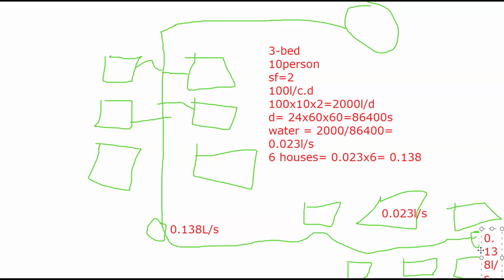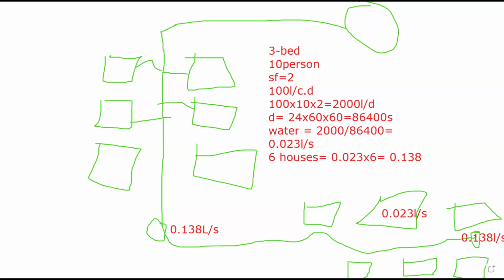Now, if you notice, this man has 0.023, this man has 0.023. Automatically, here now will be the value of this place. These people needed this 0.023, and these people needed this 0.023.